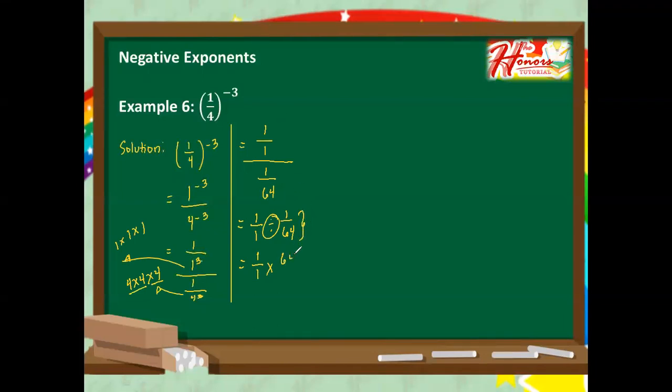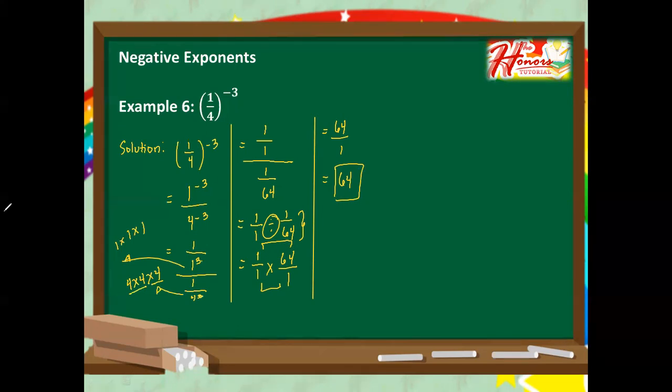And that is 64 over 1. And then we will continue solving for it. Let's multiply numerator to numerator. So 1 times 64 is equal to 64 over 1 times 1, that's 1. 64 divided by 1 is 64. So that's the final answer for number 6.